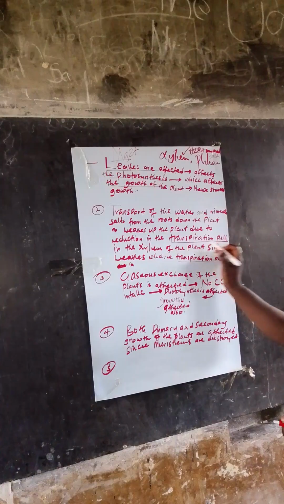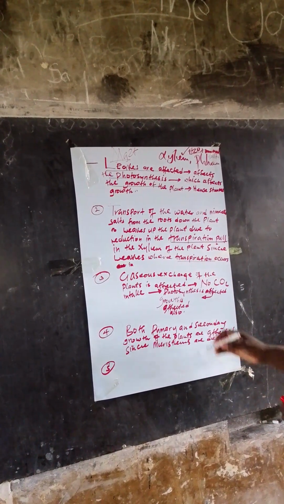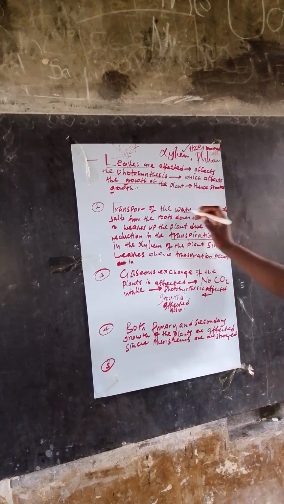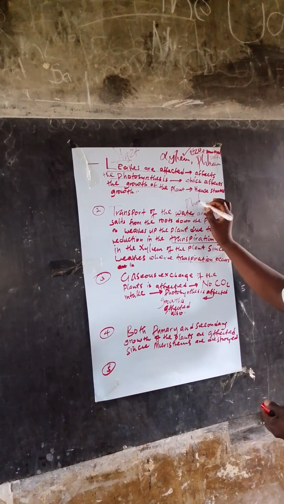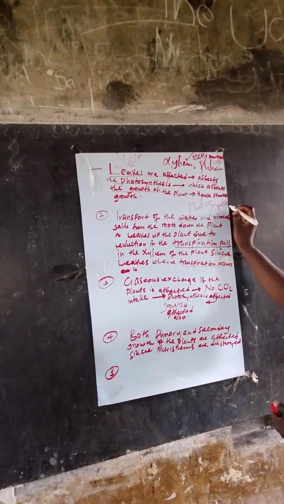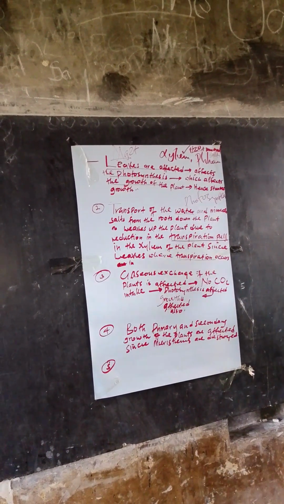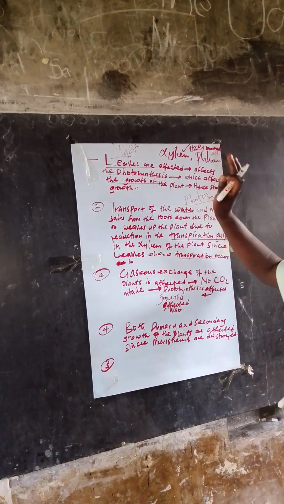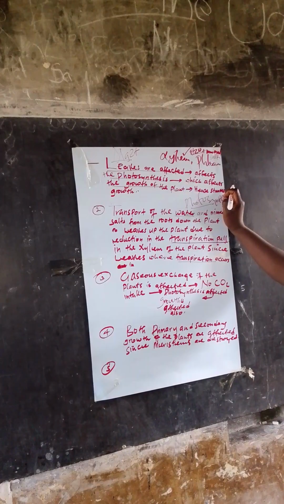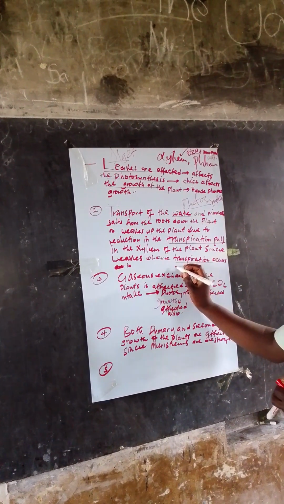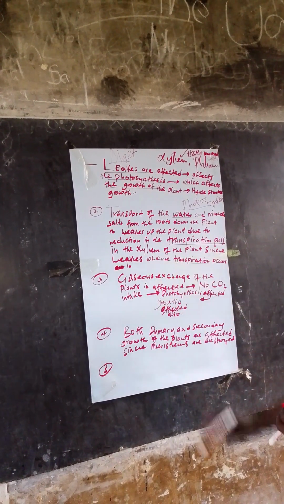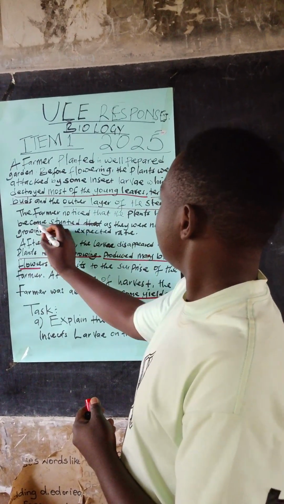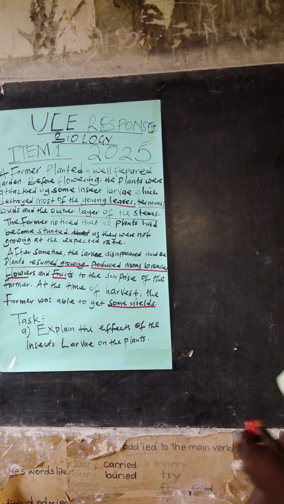If I reduce the transpiration pull, it means water will not move up the plant to where it is required for photosynthesis. So this again affects the photosynthesis of the plant, hence reducing its growth. So we will experience stunted growth. The plant will become stunted.